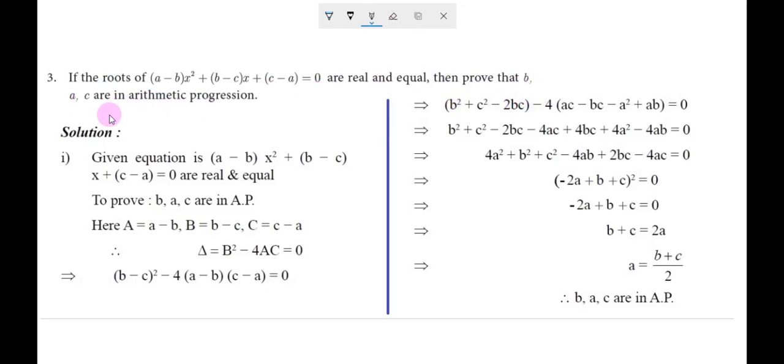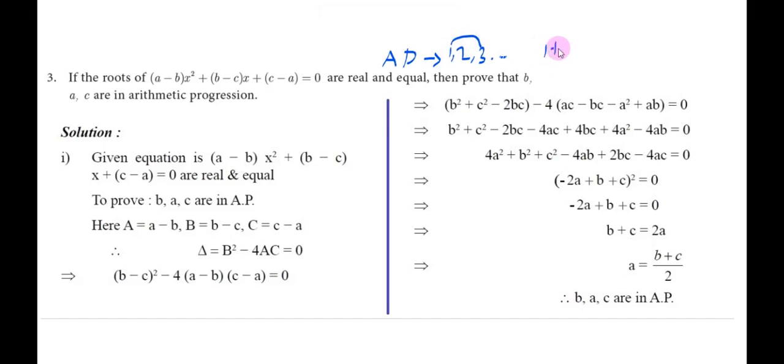What is arithmetic progression? Look, 1, 2, 3 are in arithmetic progression, which we call AP. How do I say it is arithmetic progression? We take the first term and the last term, here 1 and 3.